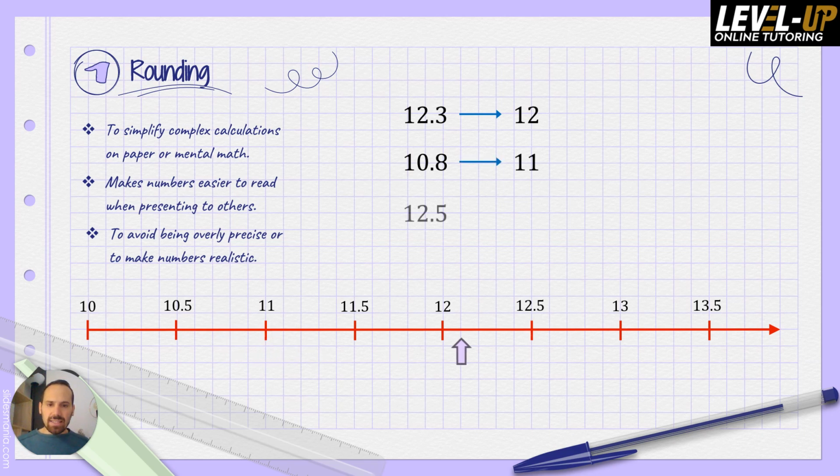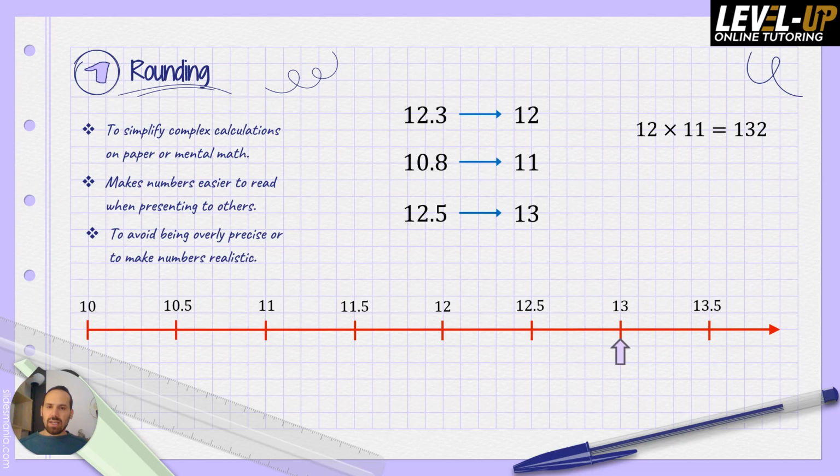And finally, say 12.5 is a particular case where it's directly in the middle between two whole numbers. Which way would it go? Because it's an equal distance away from 12 and 13. In this case, our general practice is that it rounds up. This is just a mathematical convention that we agree to, so that everyone's rounding in the same way essentially.